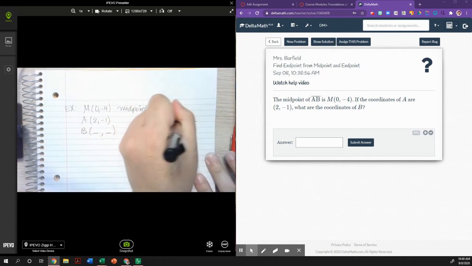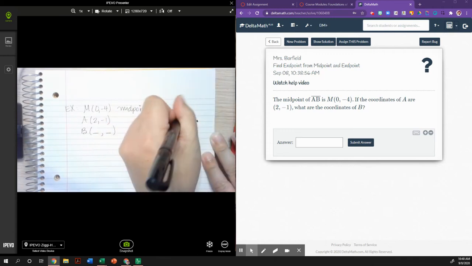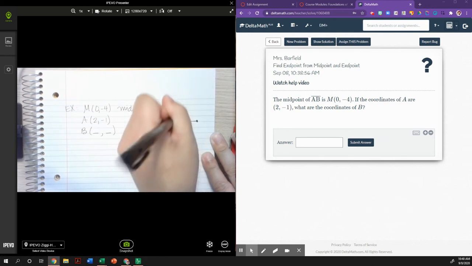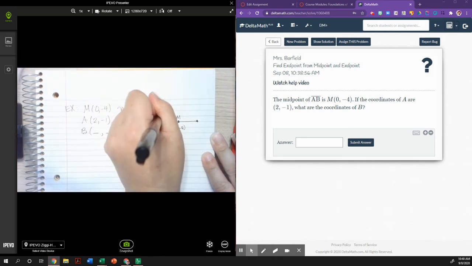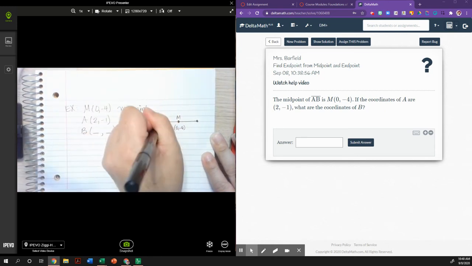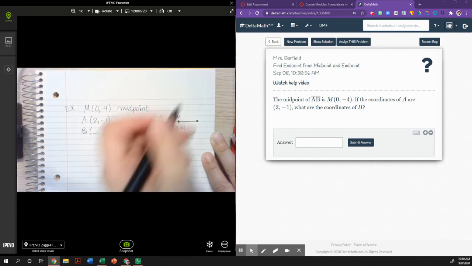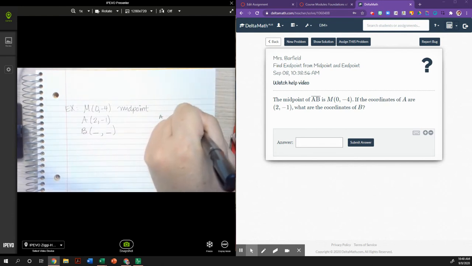So if I just draw myself a picture, and I'm just going to draw it as a straight line. Okay. I know that the midpoint is 0, -4. And then I have A as 2, -1. B, okay, what is B?